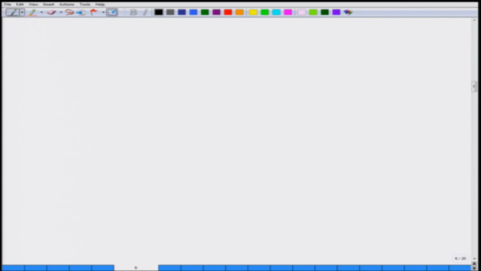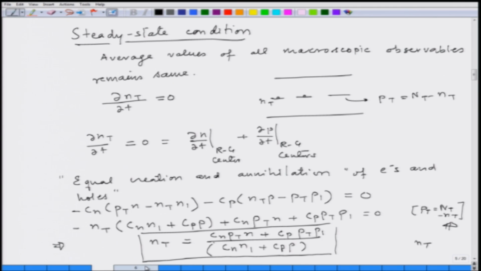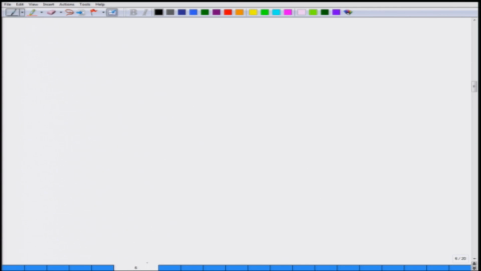If I do that, after putting this condition in, I will get an expression which gives me n_t in terms of the total number of trap states.